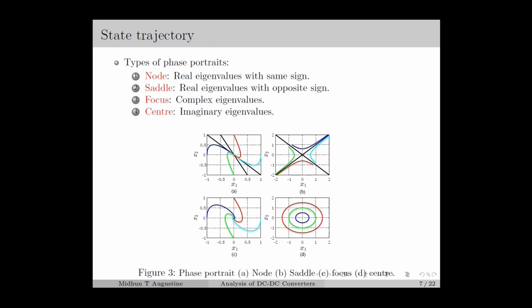Similarly, if the eigenvalues are complex, it is called a focus, for which the phase portrait will be as in figure 3c. And finally, if the eigenvalues are imaginary, the phase portrait is called a center, and it will be as shown in figure 3d. In the second order example, the eigenvalues of A were both real and negative. Therefore, the phase portrait comes under the class of node.